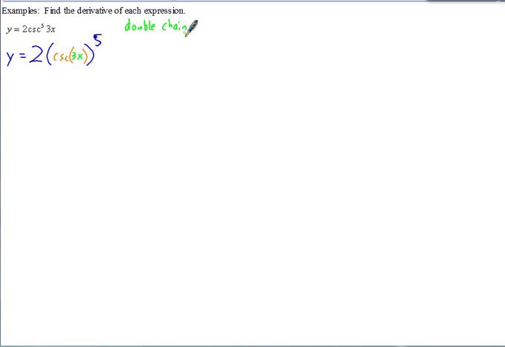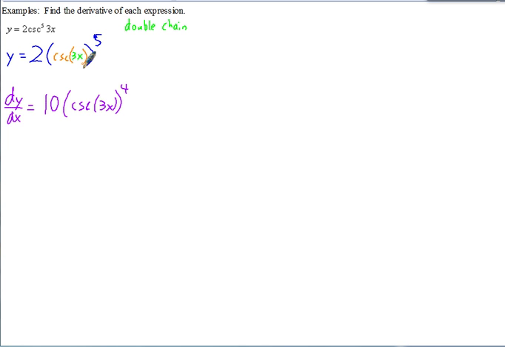So we start on the outside and work your way in. Since we've got y equals, the derivative would be written as dy dx. Start on the outside, that'd be bring down the 5 times 2 is 10. Cosecant of 3x to the fourth, using the power rule, reduces by 1. And then we take the derivative of the next function inside, which is cosecant of 3x.